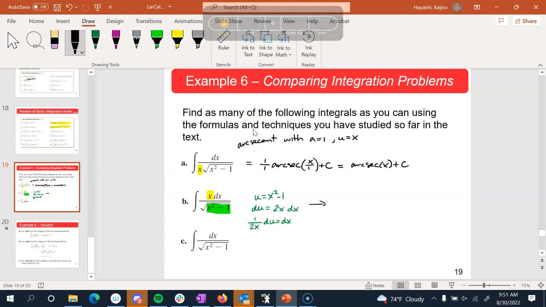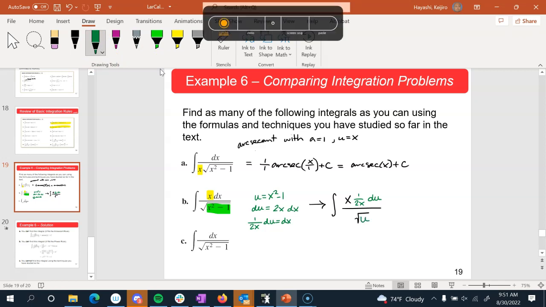But since we have that x up there, this looks like it's going to be a working u substitution. I don't really know what to do with this x, so I'll just leave it as an x. The dx we can replace with 1 over 2x du, according to this. And on the bottom, the square root of, well, we said this entire thing was u, so we'll just have that there.